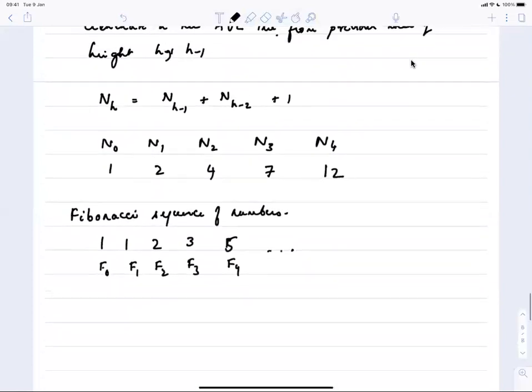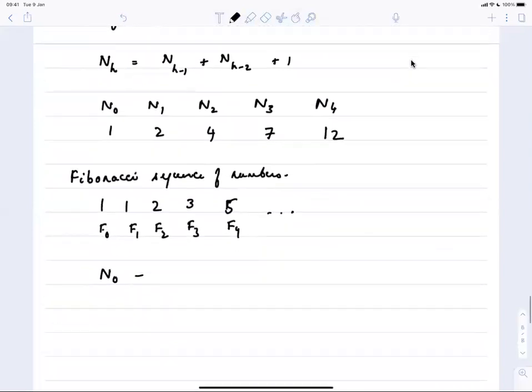When I look at N0, it has one node, and therefore this is equal to F2 minus 1. And if you look at N1, it equals 2, which is F3 minus 1.